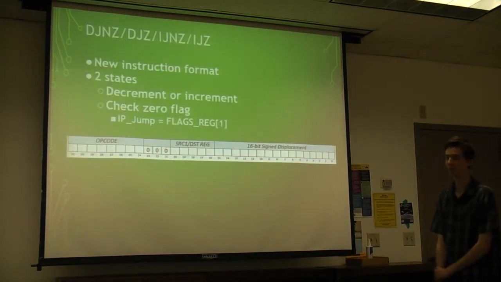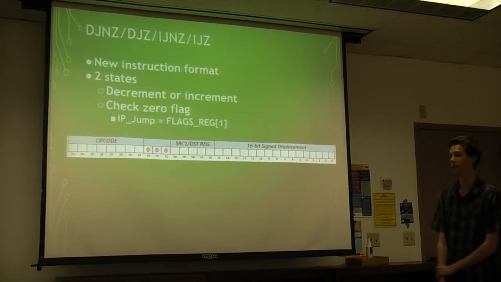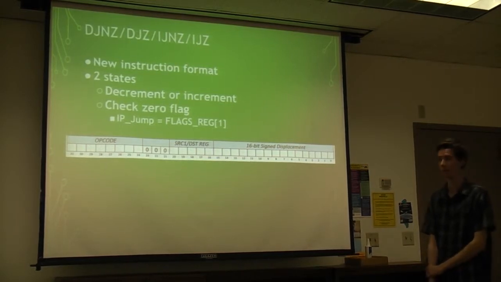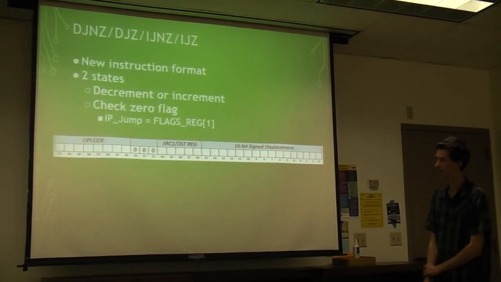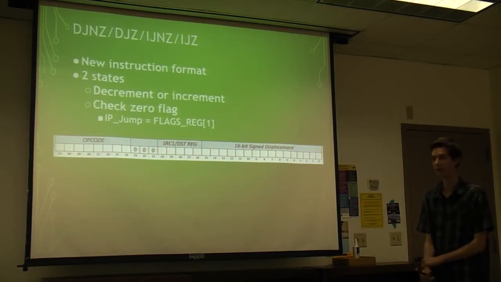And another type of instruction we added were decrement jump if not 0, decrement jump if 0, increment jump if not 0, and increment jump if 0. In order to implement this, it required a new instruction format. So we kept the opcode the same, but the source and destination register had to be the same because we're decrementing and updating the exact same register. And we also had a displacement for the jump value, and it has 16-bit range so in order to fit it in one line.